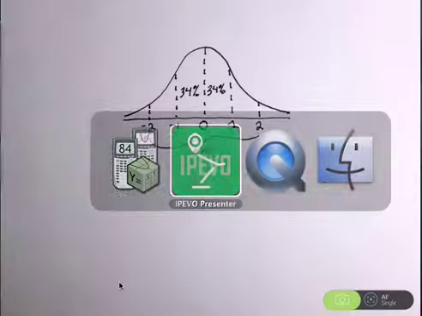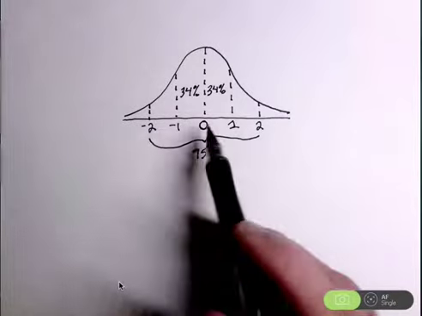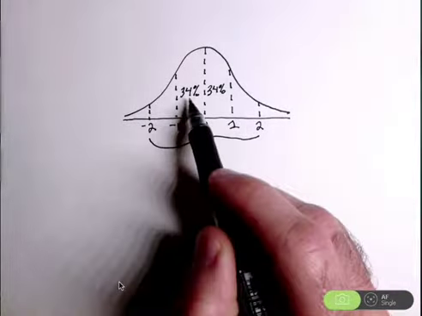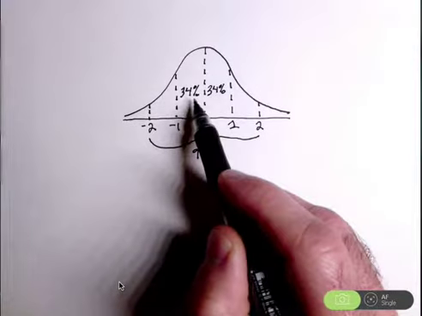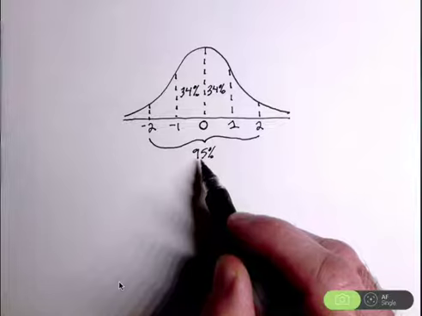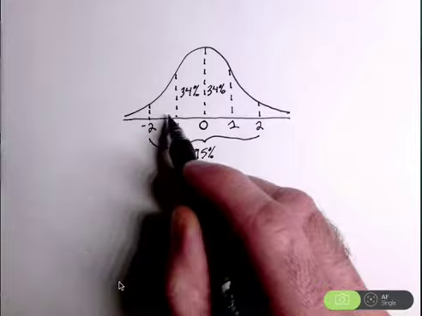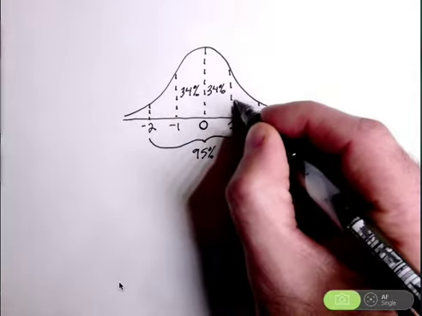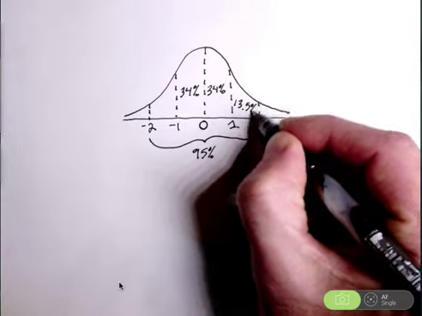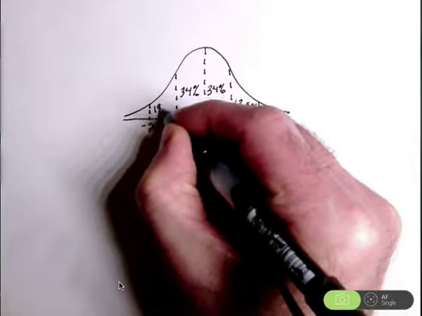So going back to our model, understand 95% between -2 and +2, we've already accounted for 68% in the middle. So 95% take away 68% is 27%. And if we divide that 27% equally between these two regions, since the distribution is symmetric, 27 divided by 2 is 13.5% of the data.